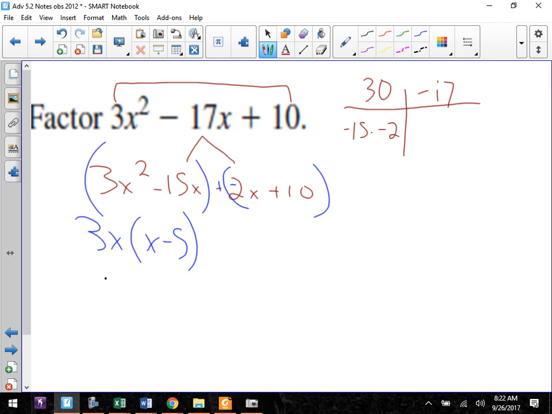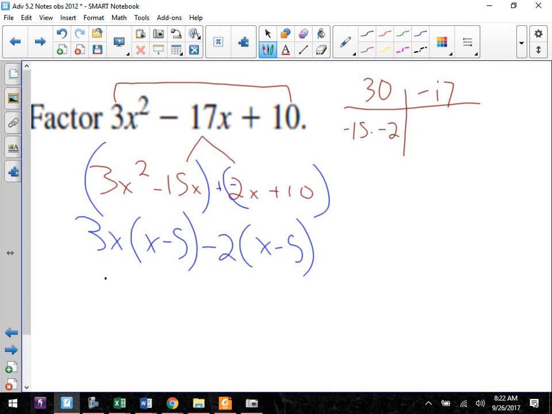So I'm going to bring out negative 2, and what's 10 divided by negative 2? That is just a little way that I've always done it to help remind me that I got to factor out that negative. And that's how the signs change.